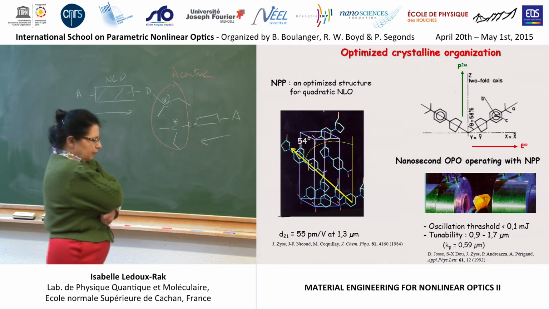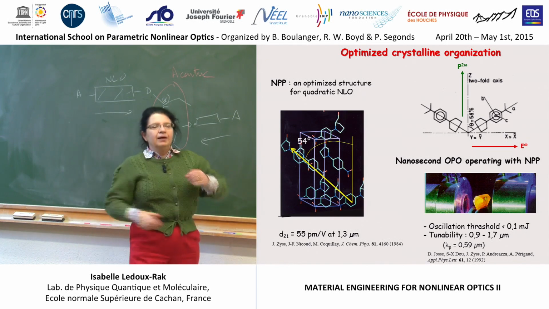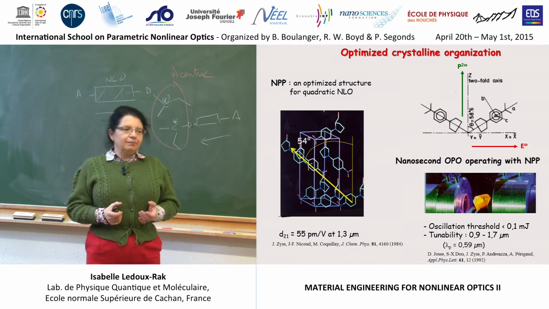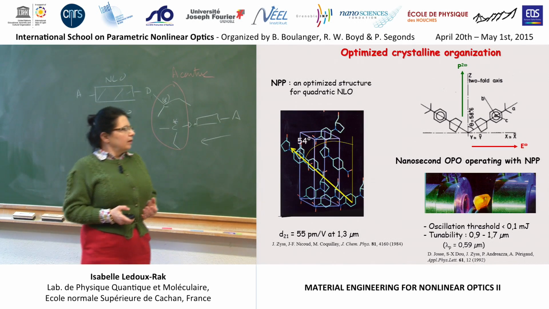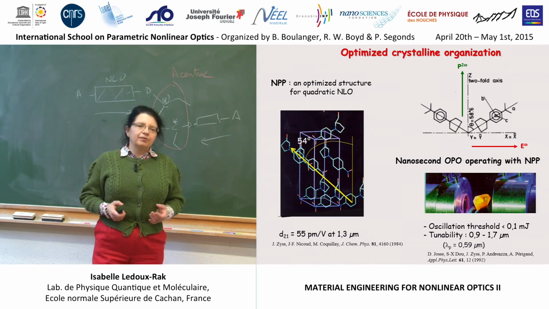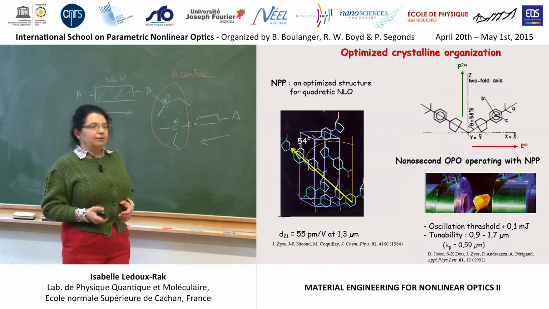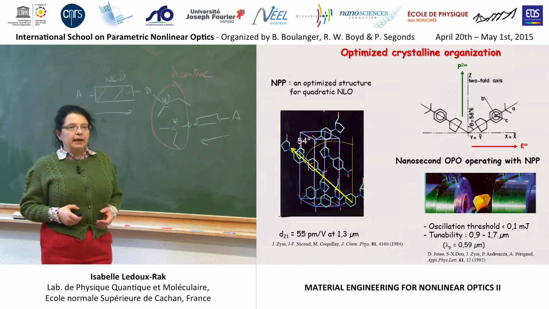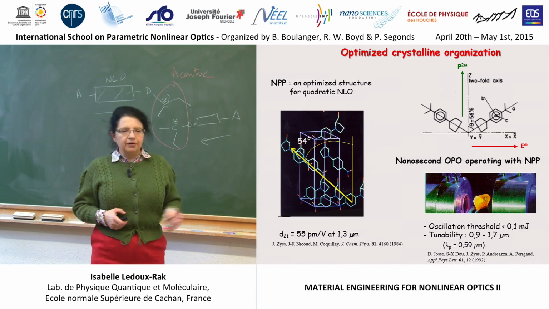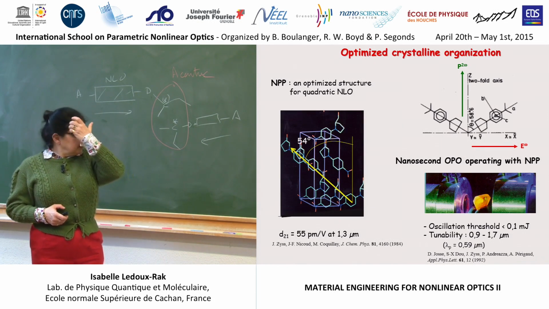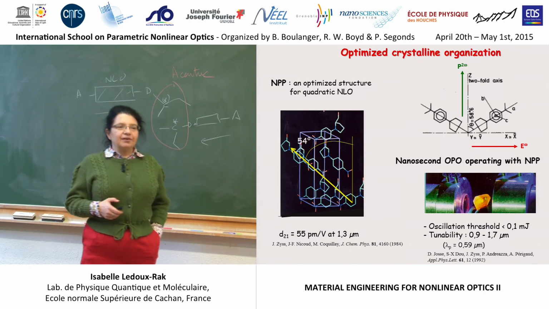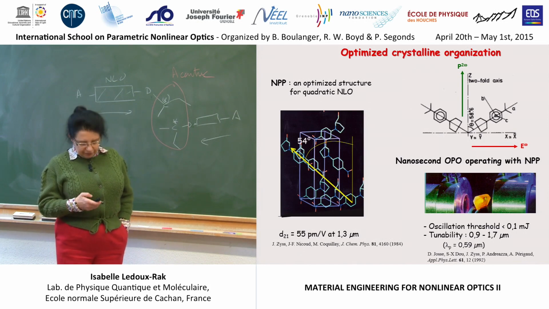And this is also the problem with organic crystals. I told you these are molecular crystals, so the intermolecular interaction has poor energy, and as a consequence, the crystals are not very hard and are difficult to grow. They have a lot of defects, and only a few of them, of which I will show an example just after, have good quality for really practical applications at the commercial level.